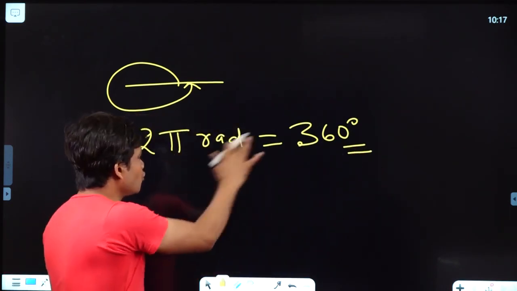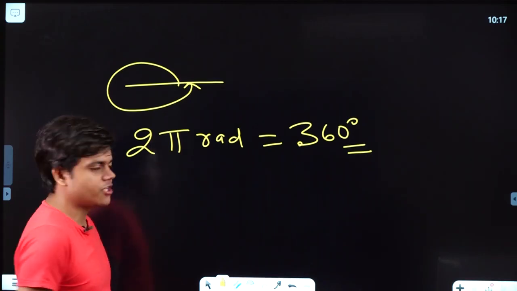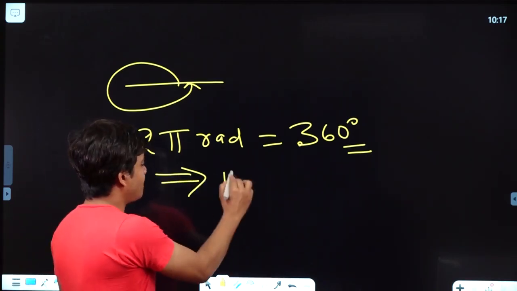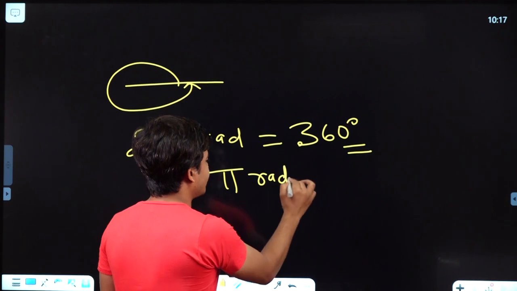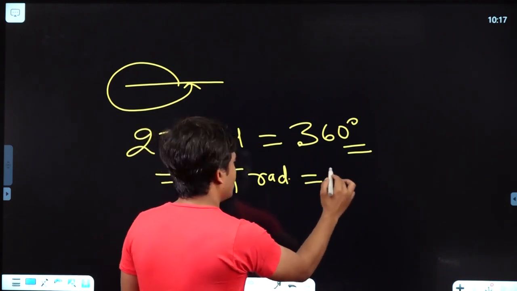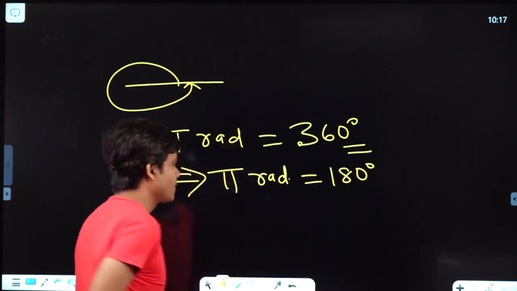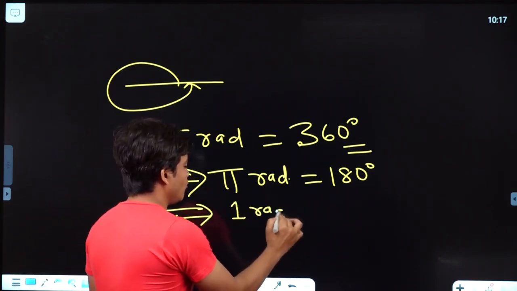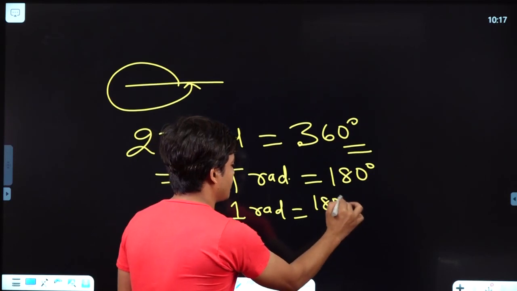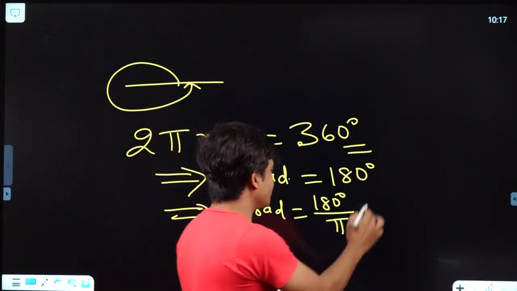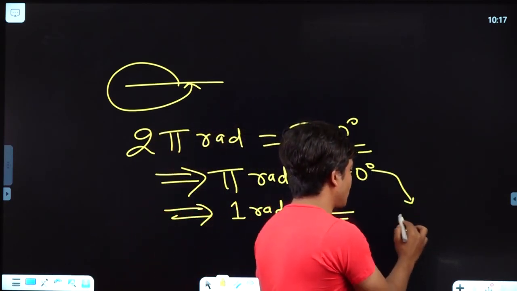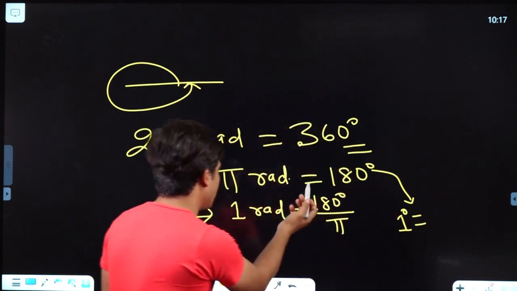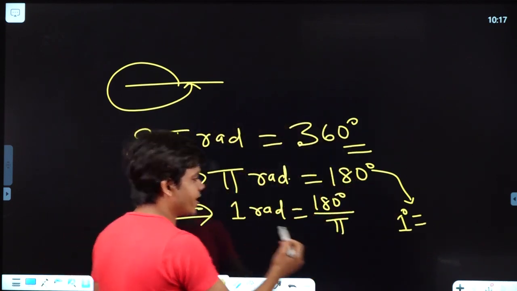All right, so 2 pi radian is equal to 360 degrees. So what shall you say? Pi radian is equal to 180 degrees. So what shall you say? 1 radian will be equal to 180 degrees by pi. But in another way, what shall you say about 1 degree? 1 degree will be equal to pi upon 180 radian.